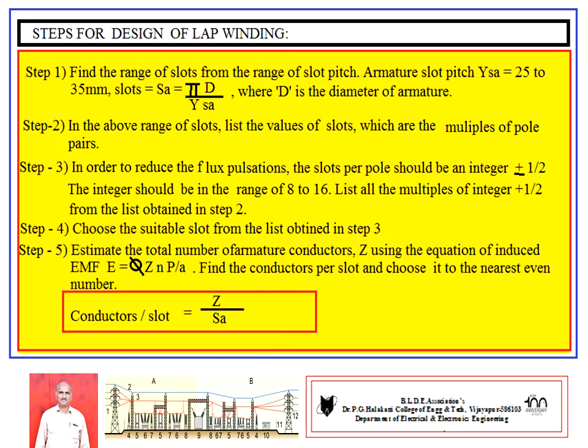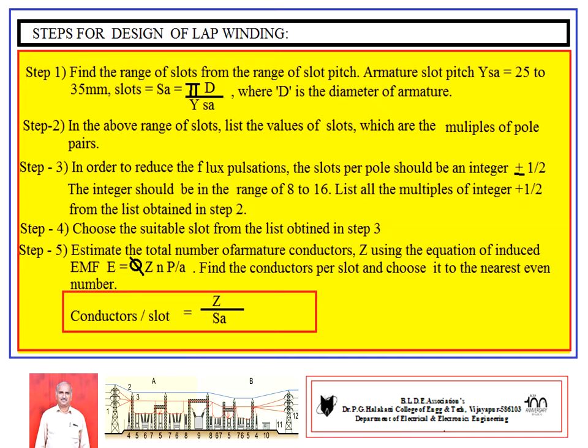Now certain steps we have to follow for design of lap winding. Step number 1, find the range of slots from the slot pitch. It is already well known, slot pitch equals pi D by SS, where SS means stator slots. Now we are going to get armature slots.